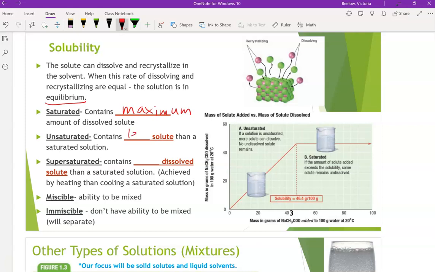Unsaturated is when you have under that amount. So you have less solute than a saturated solution, okay? So maybe a little bit of salt in a beaker or a cup of water. There are ways to create what's called a supersaturated solution, and this has more than the maximum dissolved solute, okay? Yes, this can be achieved, but it has to be done in a certain way.